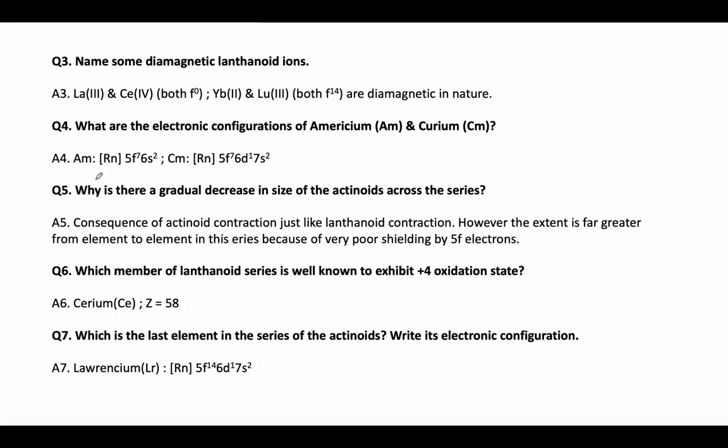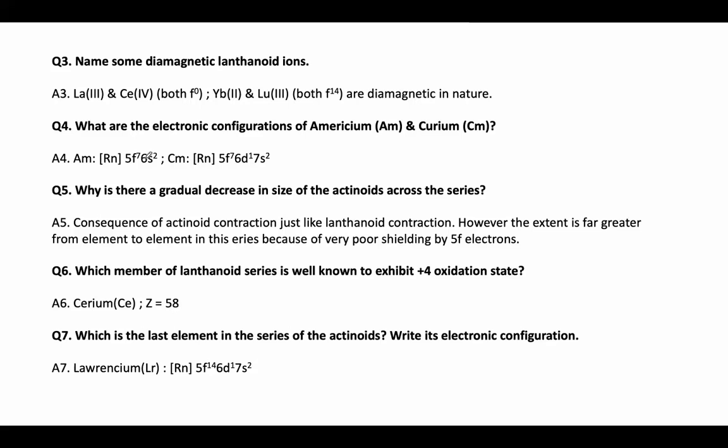The electronic configuration is the noble gas radon, followed by 5f7 7s2. And in case of curium, the electronic configuration is radon followed by 5f7 6d1 7s2.